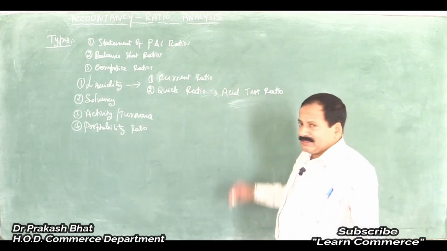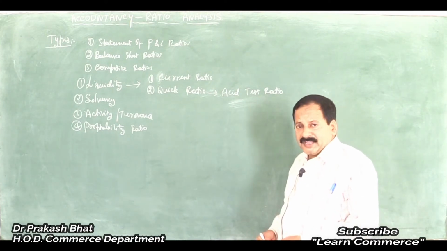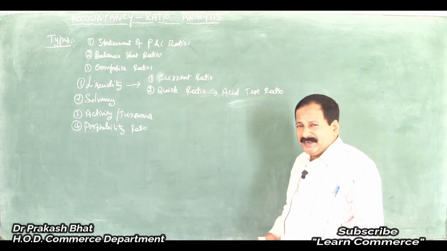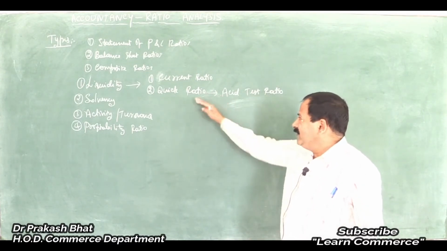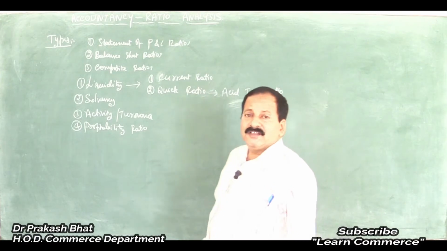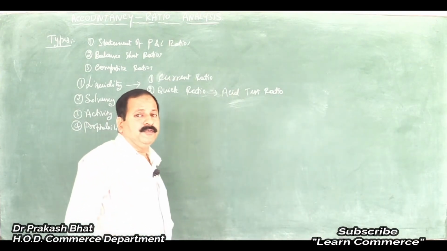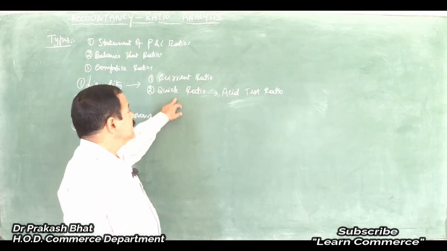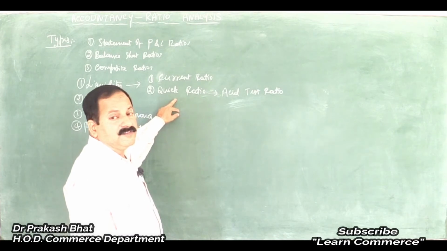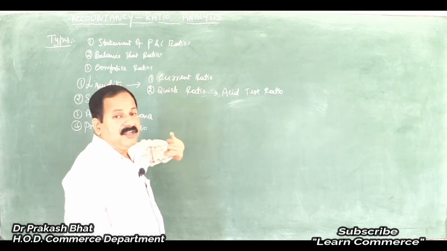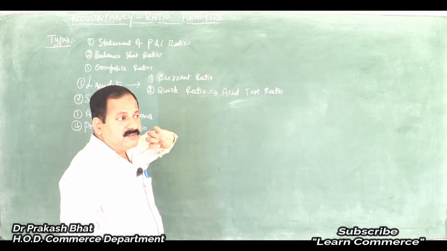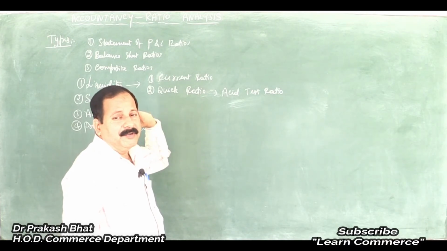Acid test means what? In a lab, by putting acid, they will come to a conclusion immediately, very quickly. In the same way, we will see whether the obligations of the firm can be settled very quickly. Such assets give the quick ratio. We take only those assets which can be quickly convertible into cash.